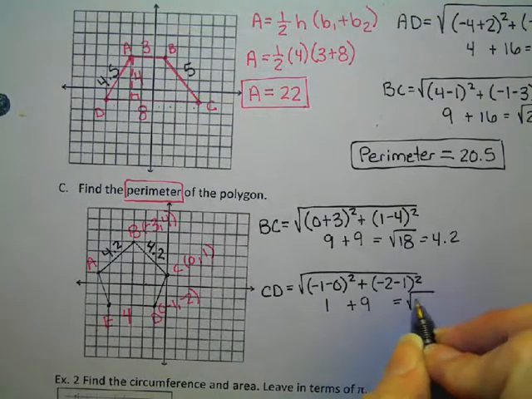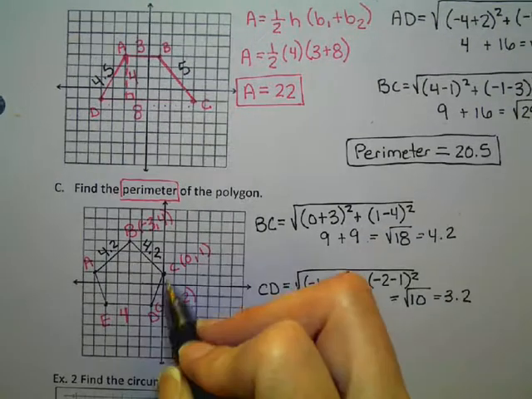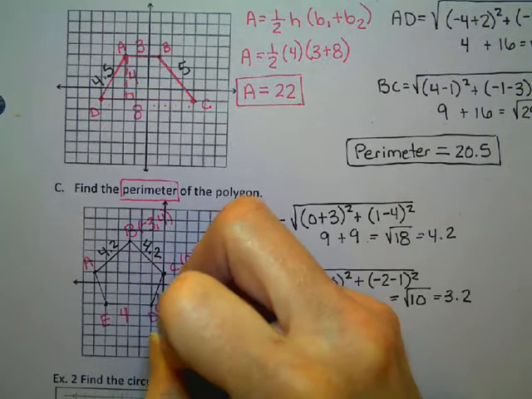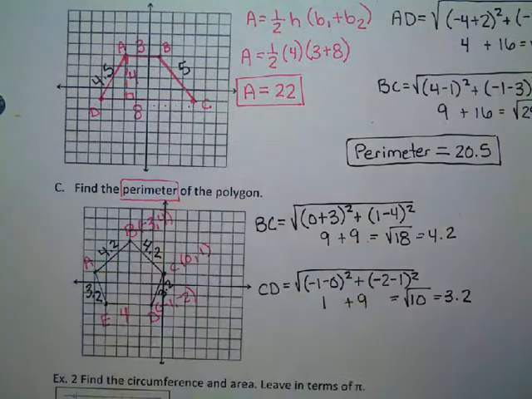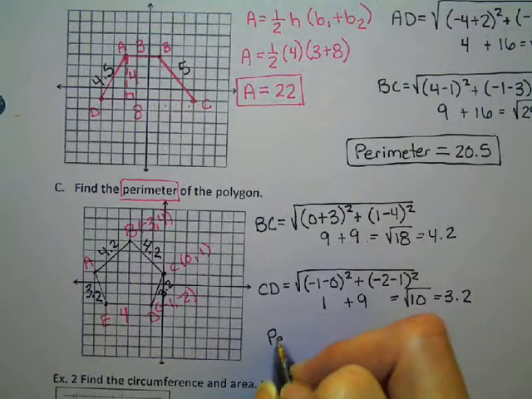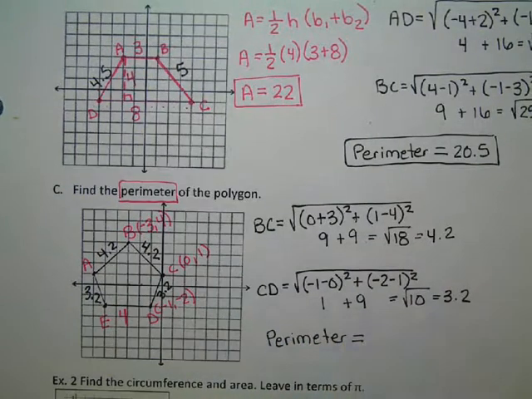When you square that, that becomes +9. The square root of 10 is about, we'll say, 3.2. Again, these two are the same length, so we'll put 3.2, 3.2. So now we just need to add up all those sides to get our perimeter.